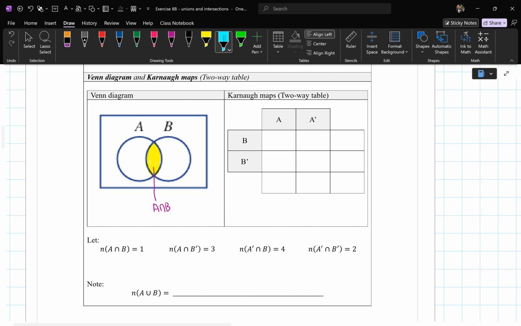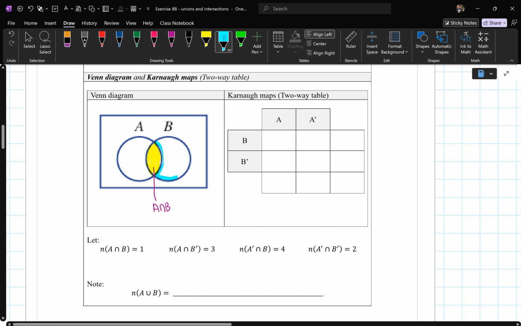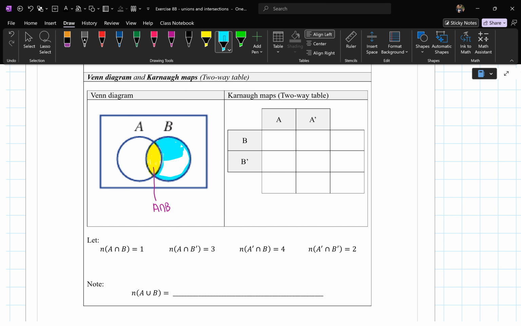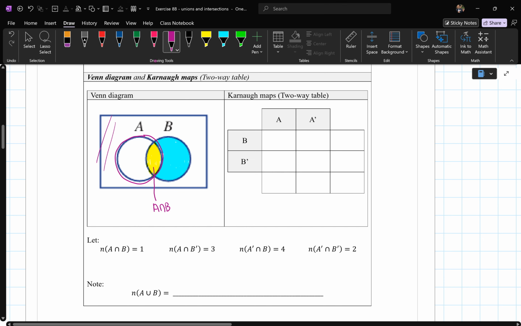Whereas the next region, which I'm coloring in blue, is the second region. This is where A does not have anything in common with B, but everything outside of A includes that blue region.